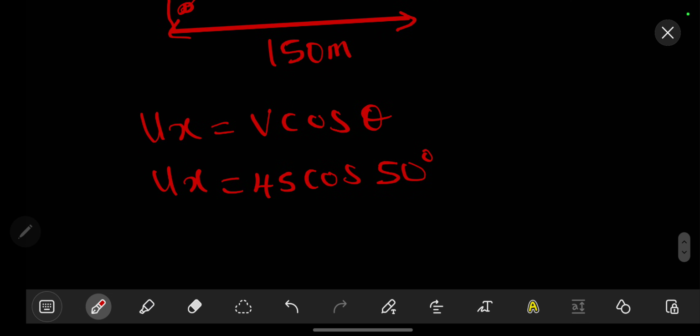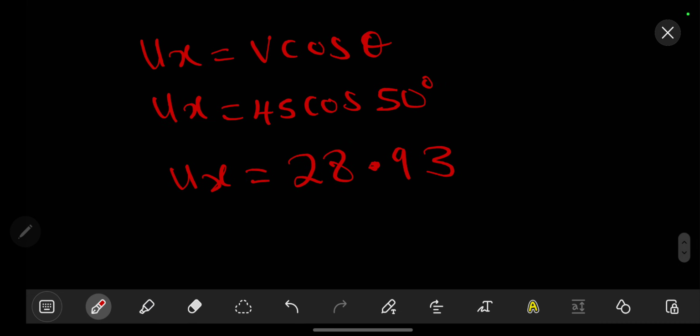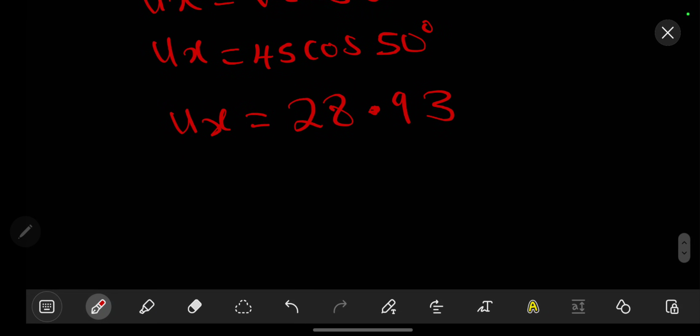So this should be equal to 45 times the cos of 50 degrees. This will give us a value that is equivalent to our ux, found to be 28.93 like that.